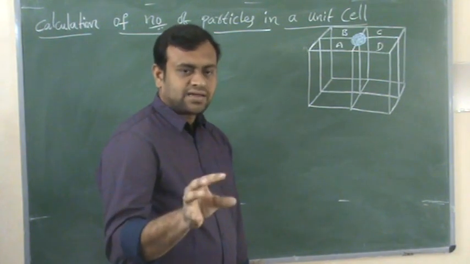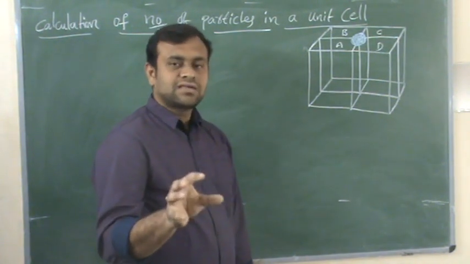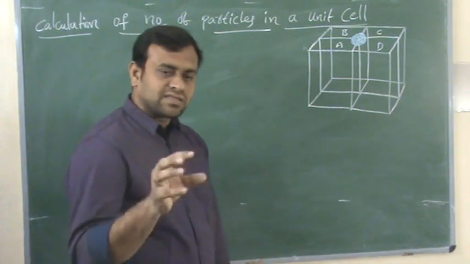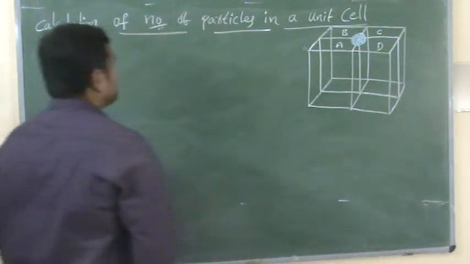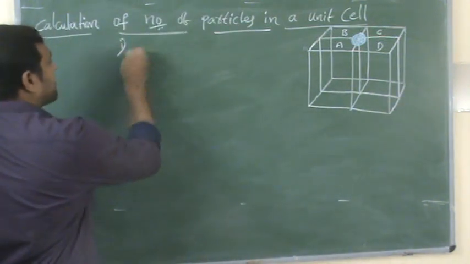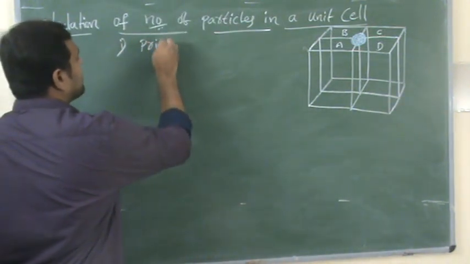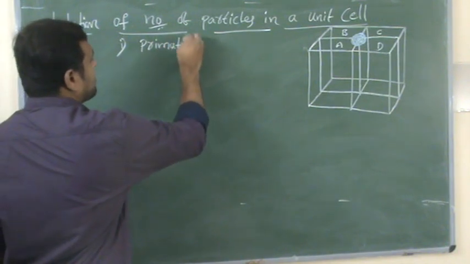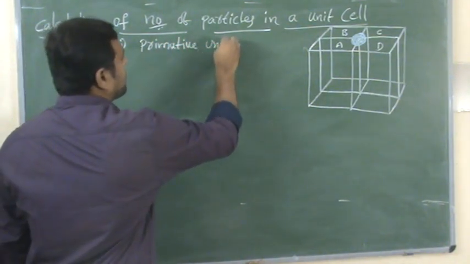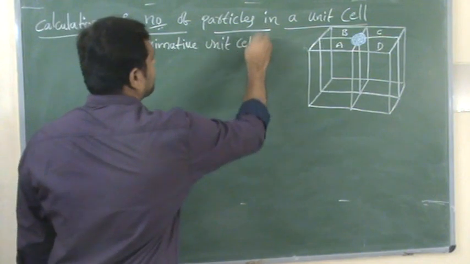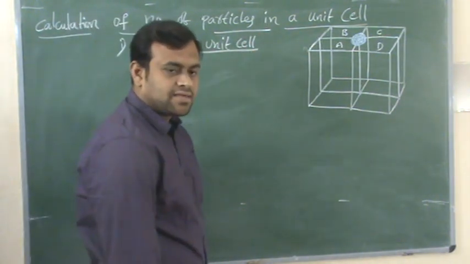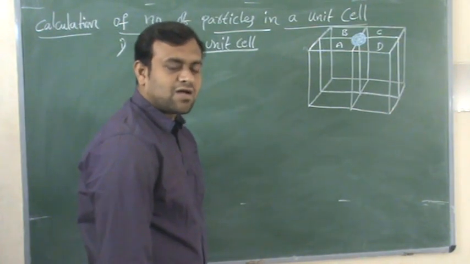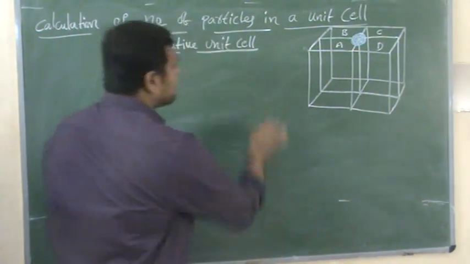Let's calculate the number of particles in each of these unit cells one by one. So first, primitive unit cell, which is also called a simple unit cell.